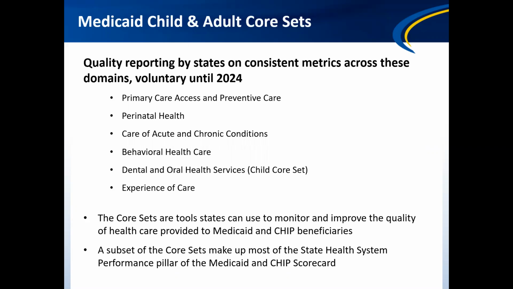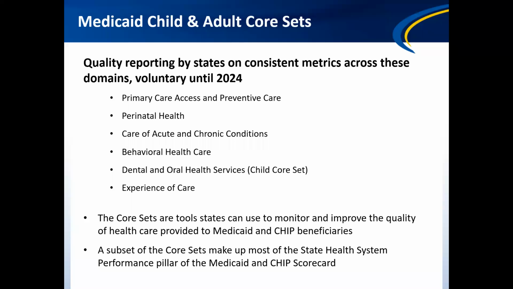As all of you know, there's great variation from state to state in the population served by Medicaid and CHIP and their healthcare needs and the conditions that they may be facing. So states are always free to select and use additional measures beyond the core sets.